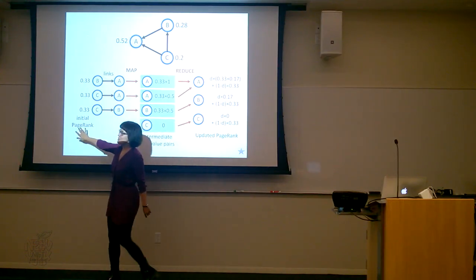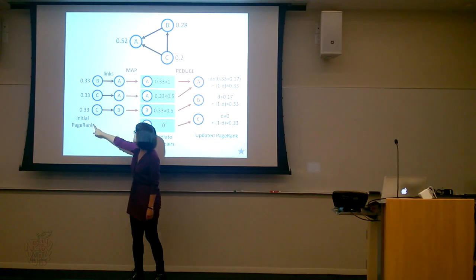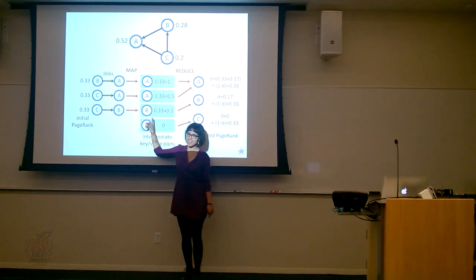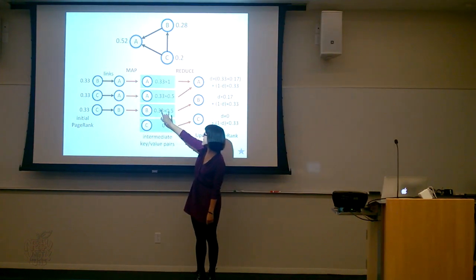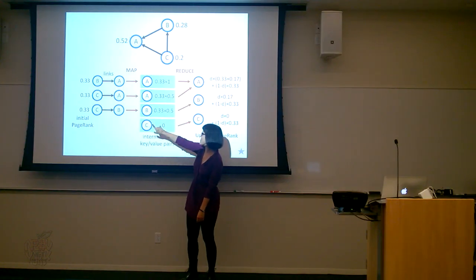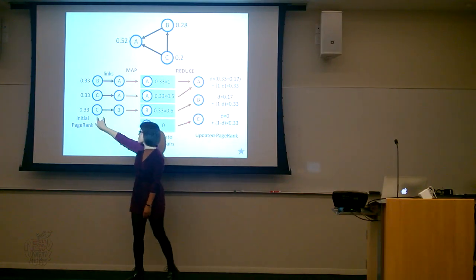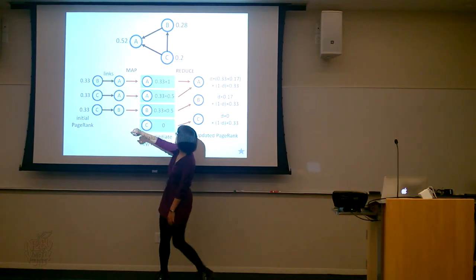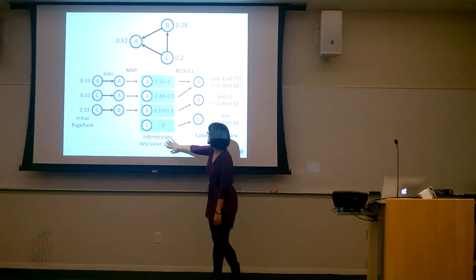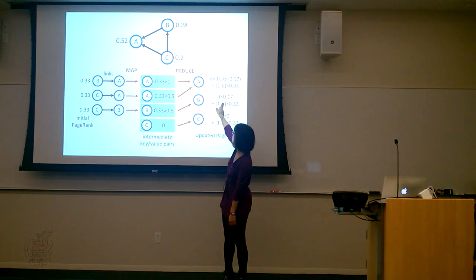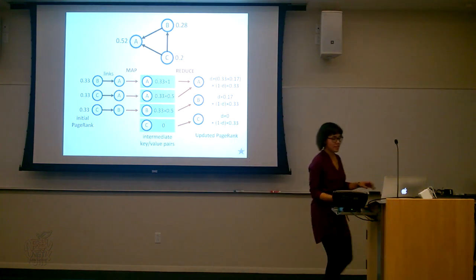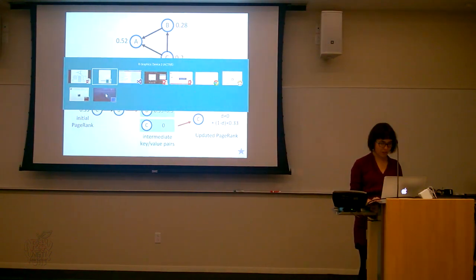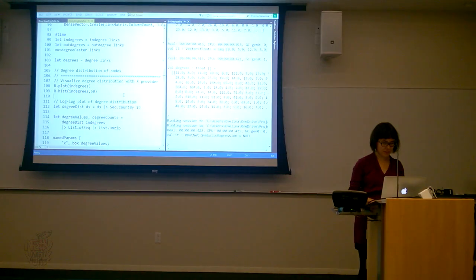If we have some initial PageRank in the network, we will just map it along each link, and we will create pairs of keys and values. That's basically the contribution that each node passes along the link. And then we will just collect that by keys. And I will show you how it looks in the code, because I think it's much more understandable.